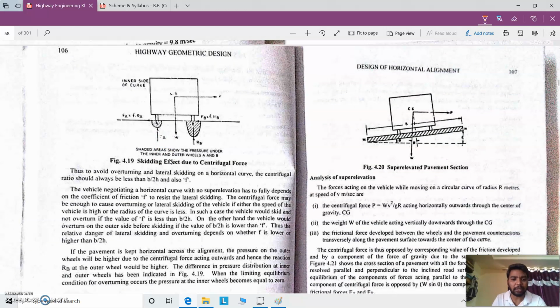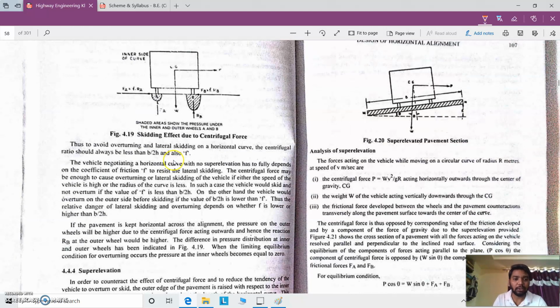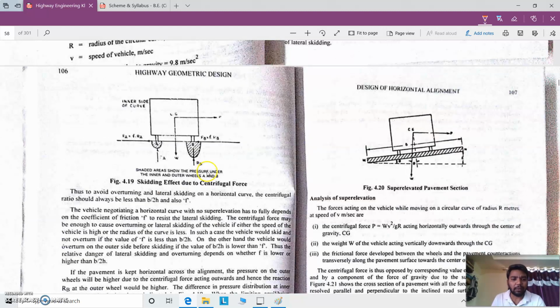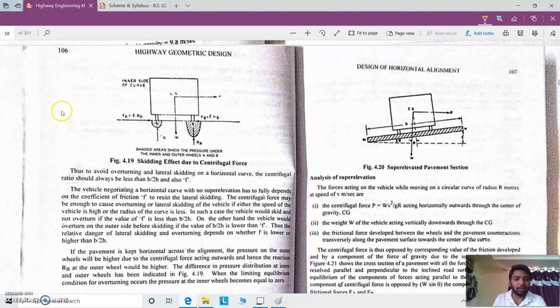So before considering this alignment, we should know the factors involved in the analysis of this, that is, super elevation. Whenever you provide a curve on a highway, we are going to consider a super elevation.